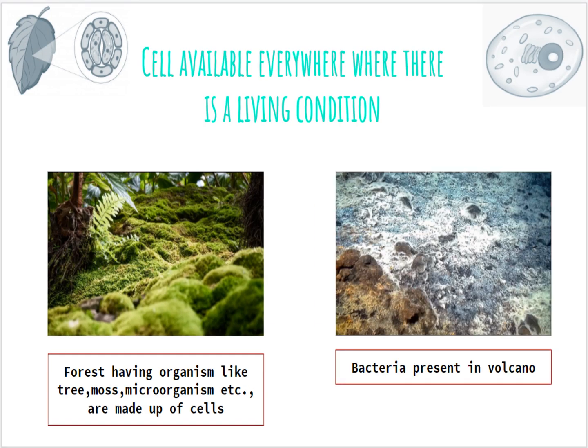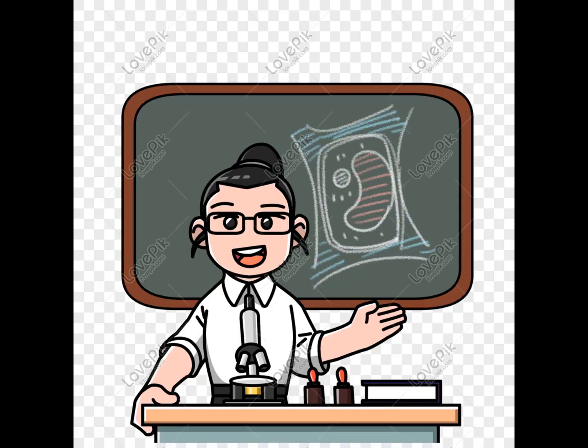Moreover, cells are found in other places also where the temperature, the climatic condition is not that suitable. For example, a few bacteria can survive in very hot conditions near the volcanoes. So the cells are available there also, but it is not the fact that all organisms will remain there.